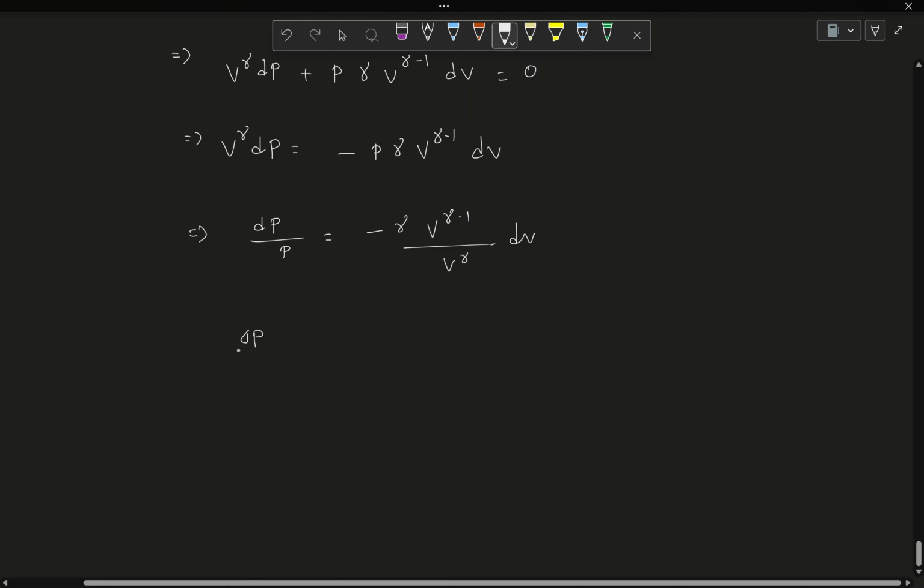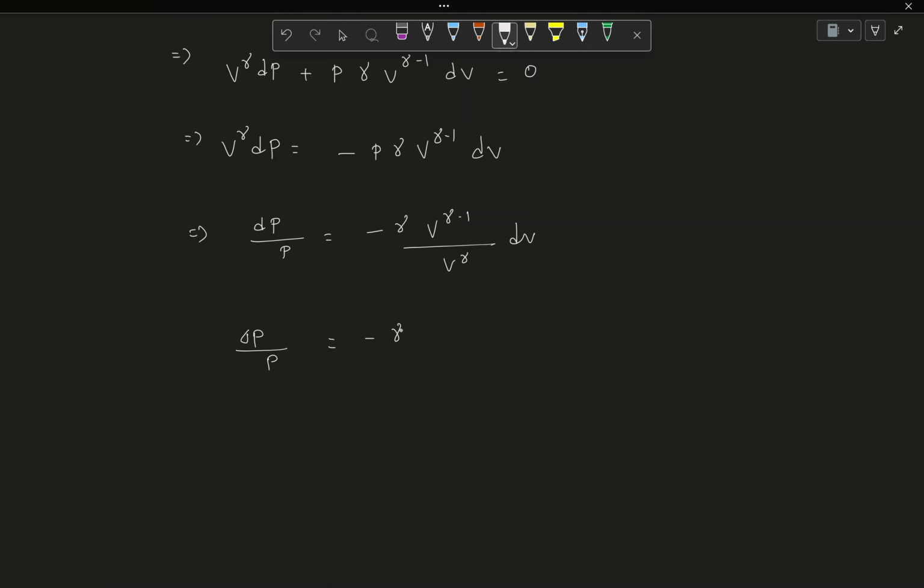This is gamma minus 1 minus gamma, that means V to the power minus 1 is 1 by V, so minus gamma by V dV.